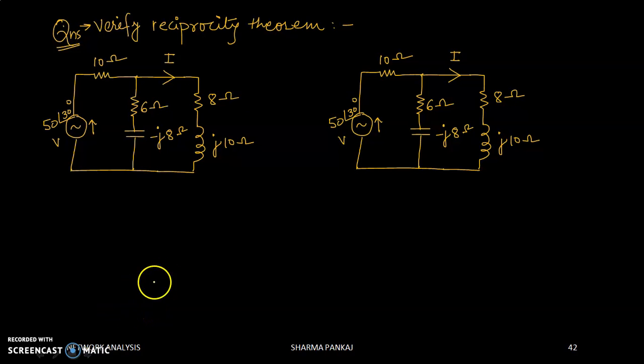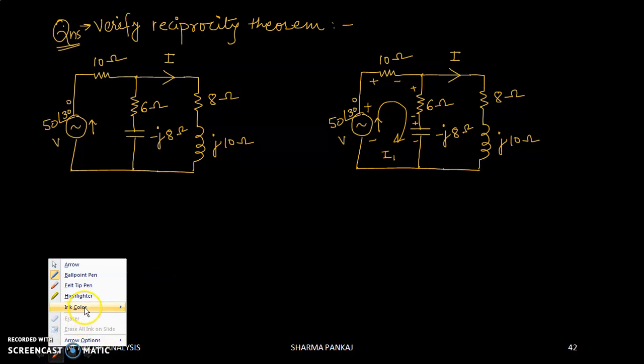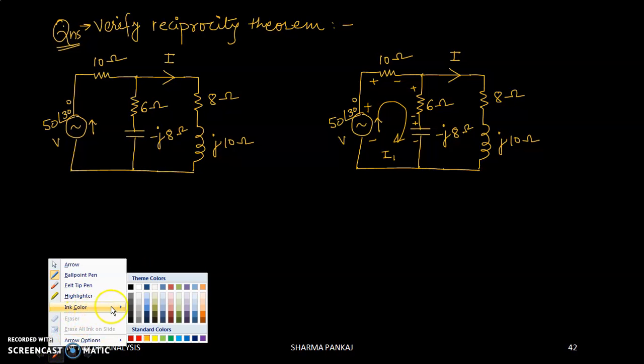So let us start with our network. Let us say this is I1, with polarities marked plus and minus, and in loop 2, let us use a different color to understand.